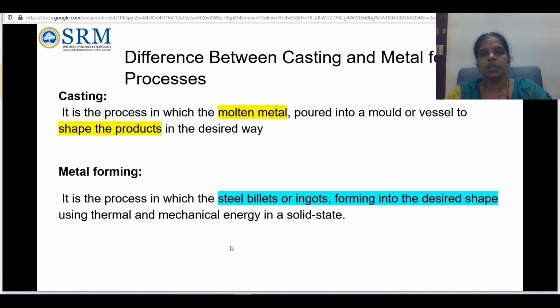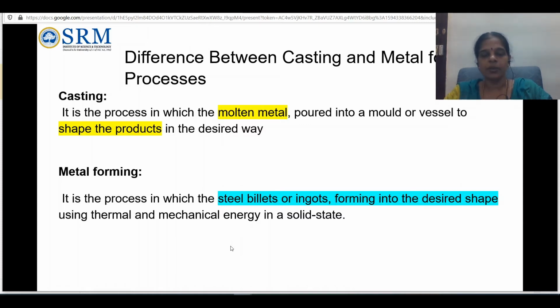So let us first see. In Unit 1, we discussed the casting process. Unit 2 mainly focuses on metal forming. What is the basic difference between casting and metal forming? As you all know, casting is a process in which molten metal is poured into a mold or a cavity in order to form some shape.